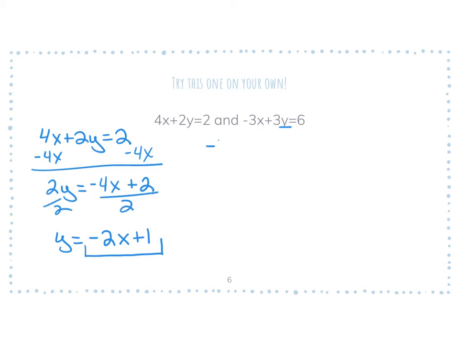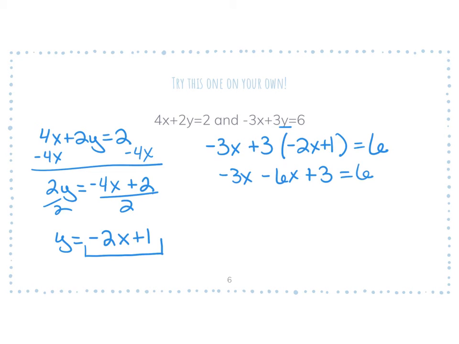So we're going to have negative 3x plus 3, and then plug in our y value, negative 2x plus 1, is equal to 6. Negative 3x, use our distributive property, minus 6x plus 3 equals 6.